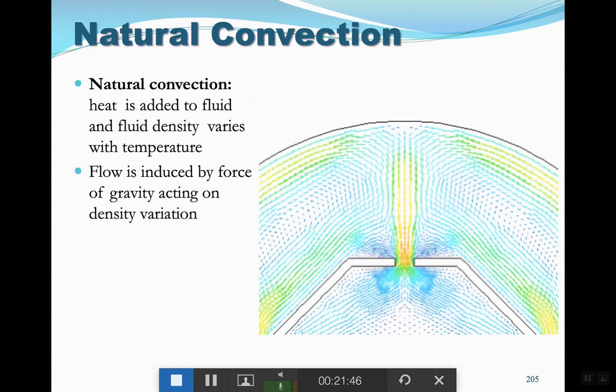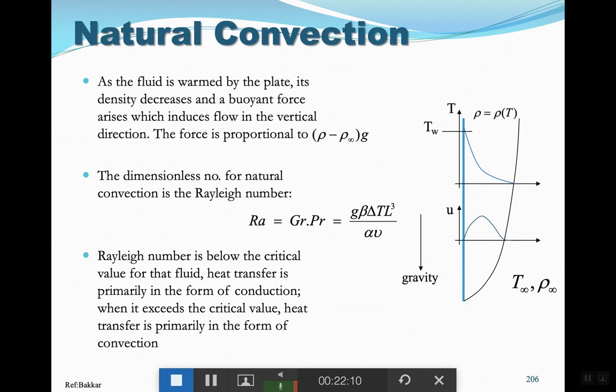And since you can't have a vacuum inside the room, cold air would take the place of that hot air, and again the cycle repeats itself. The cold air gets heated, goes up, and so on and so forth, and this creates a circulation inside your room that distributes heat everywhere inside the room. So this is called natural convection.